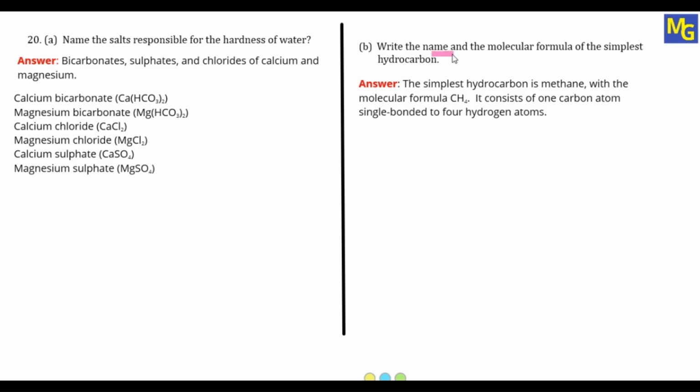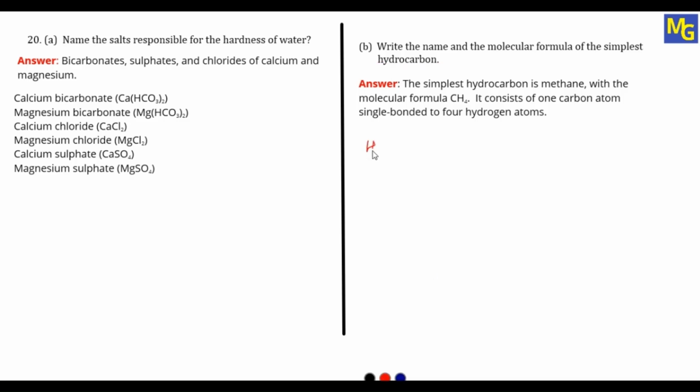Write the name and molecular formula of the simplest hydrocarbon. So here we have to write the name and molecular formula for the simplest hydrocarbon. First we will see what is hydrocarbon.